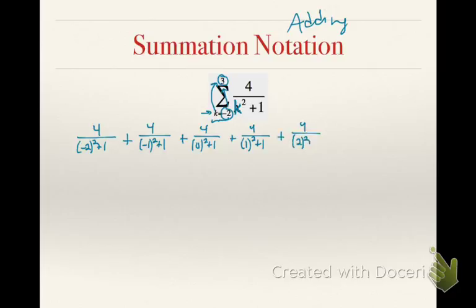Plug in the positive 2. Plug in the positive 3. And I'm going to stop at whatever the value on the top is. But that's what a summation is. You're just summing up a bunch of different values by plugging in from the lower index value up to the top.